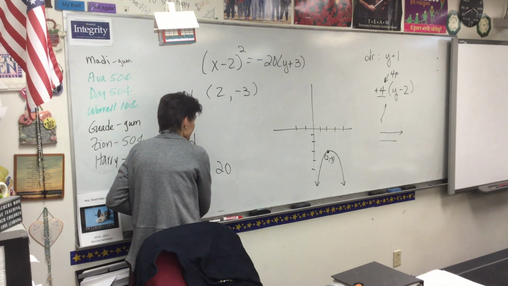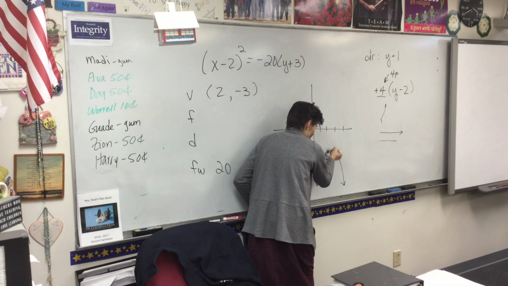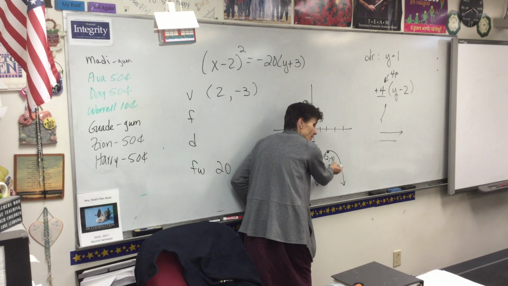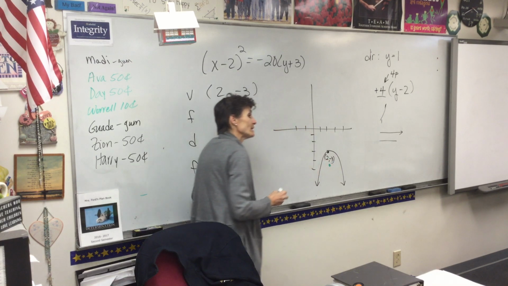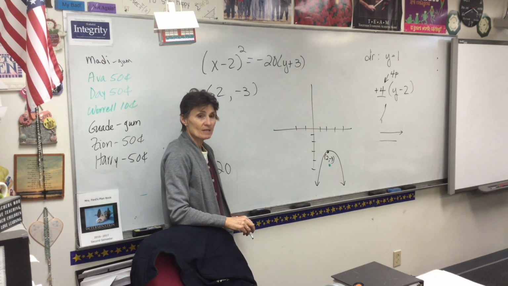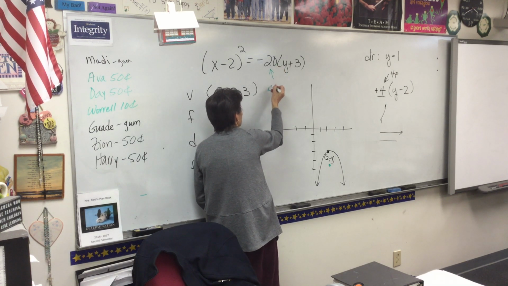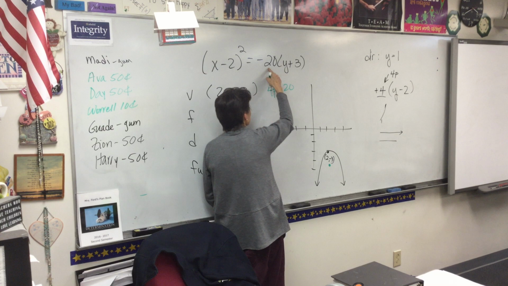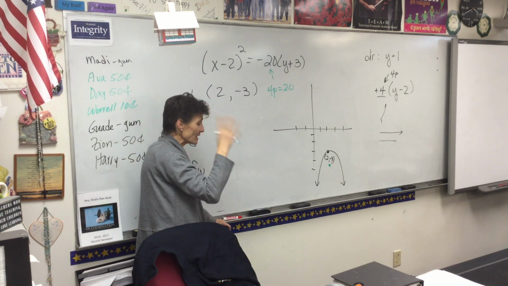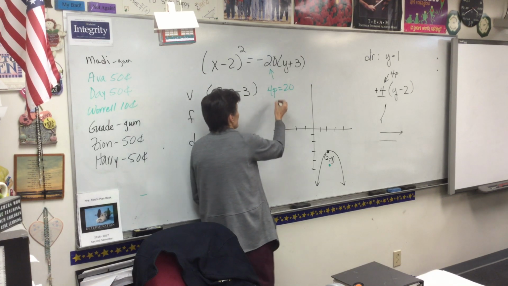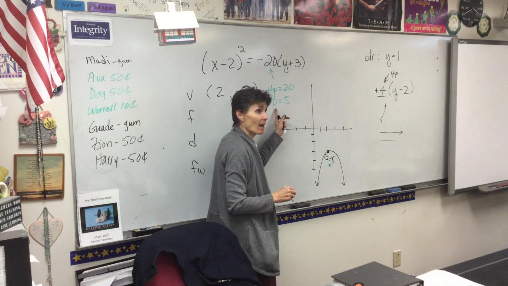To get my focus, I'm going to come straight down. How many am I going to come down in this problem? 5. This 20 is always 4p. So p is 5.